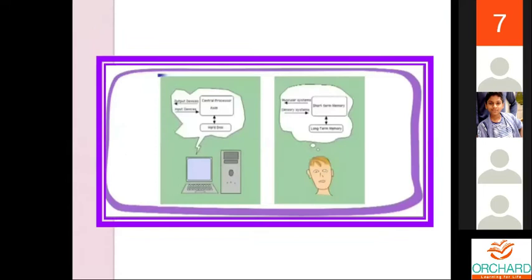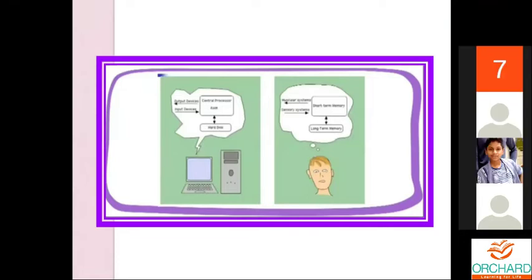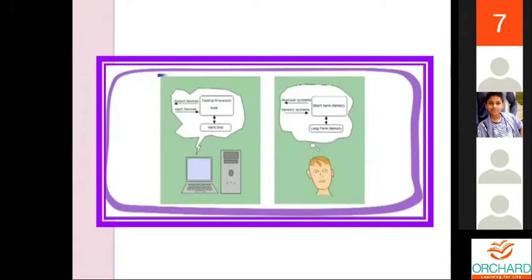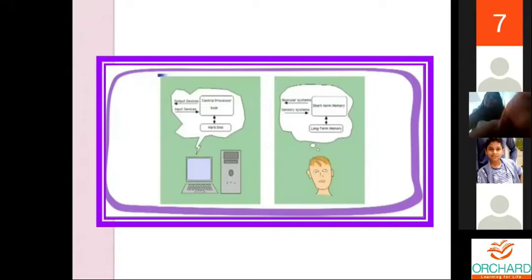So now I am going to tell you a concept. See, this is human and this is a computer. Few data we can remember throughout our life, isn't it? Like our name, our mother's name and father's name. Through our life, we can remember, right? But few data we cannot remember like that, no? So the computer is always having two types of memory, short-term memory as well as long-term memory.